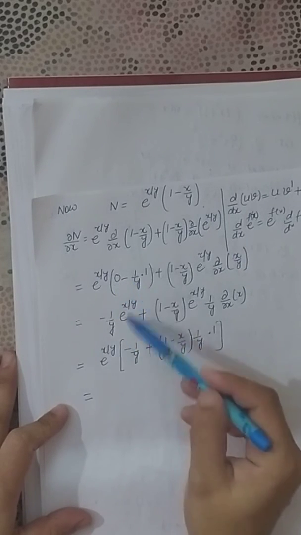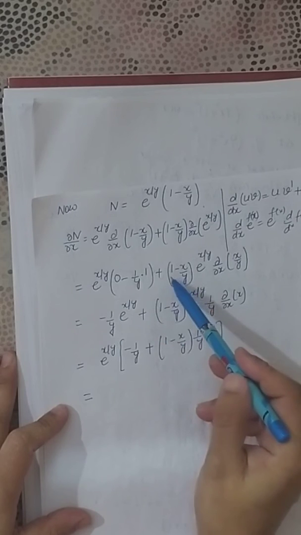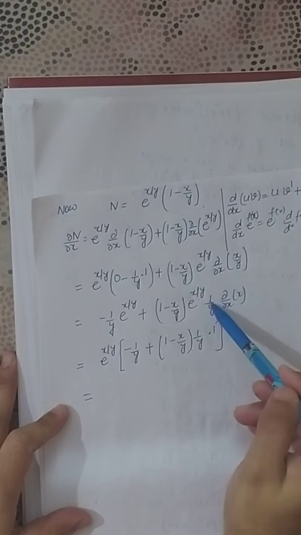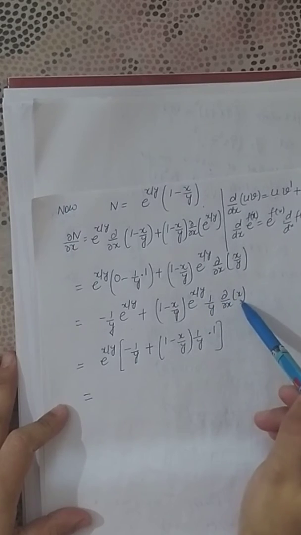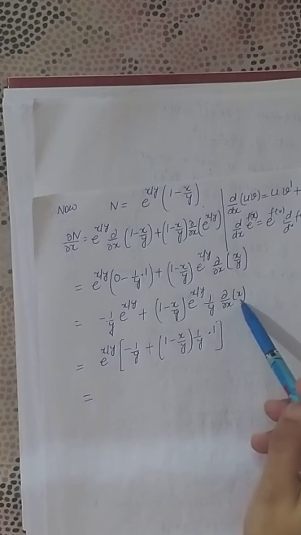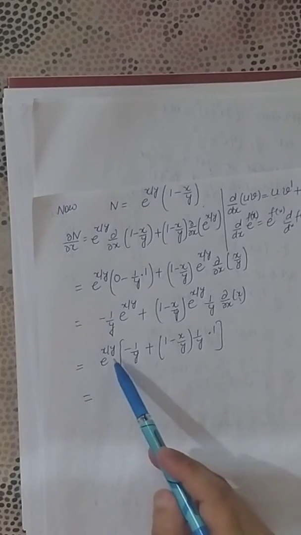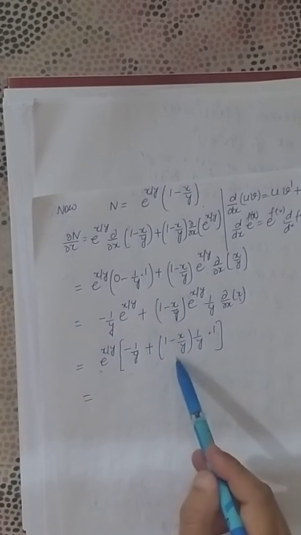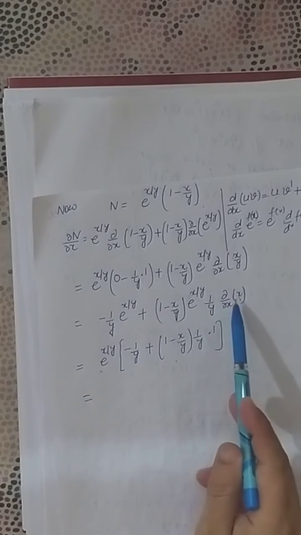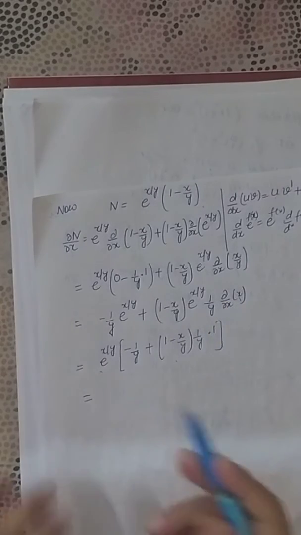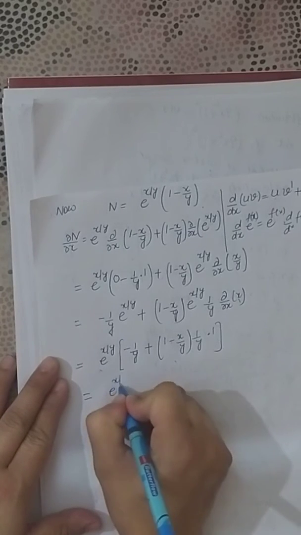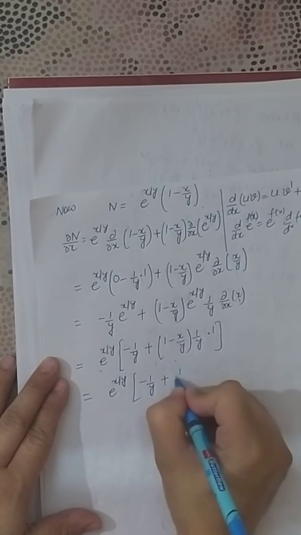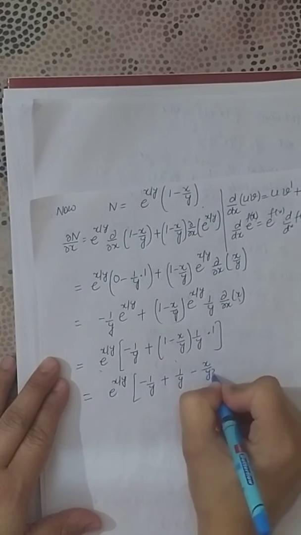Now it is equal to minus 1 over y e power x over y plus 1 minus x over y e power x over y into 1 over y, constant outside, partial derivative of x with respect to x is 1. Or this is equal to e power x over y outside, minus 1 over y plus 1 over y minus x over y square.